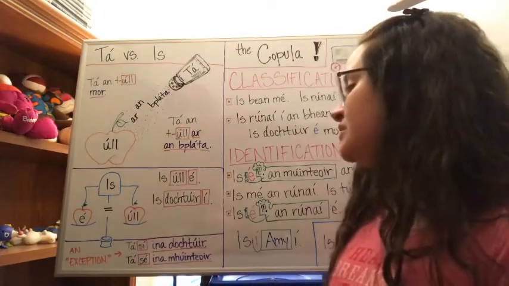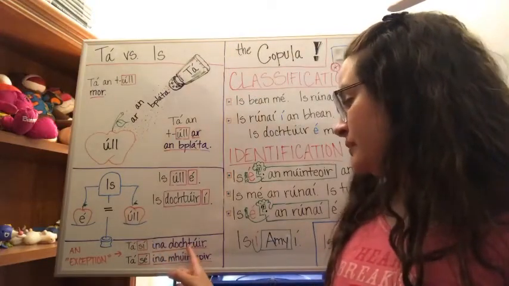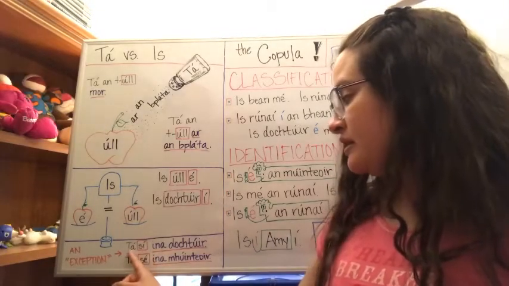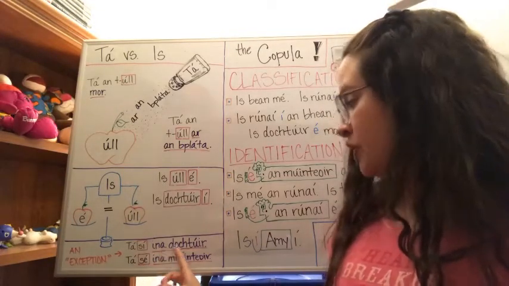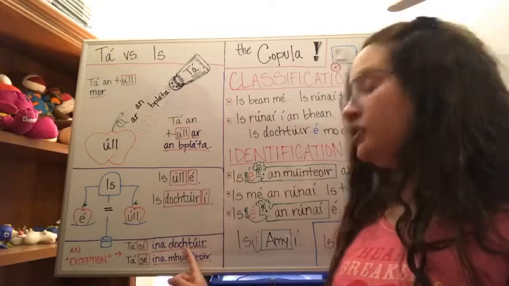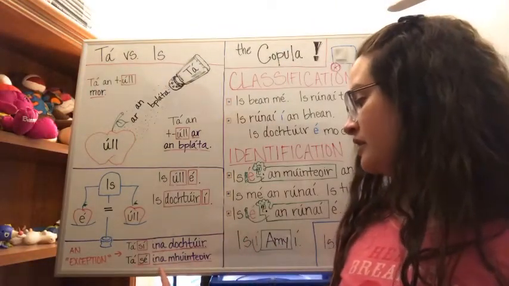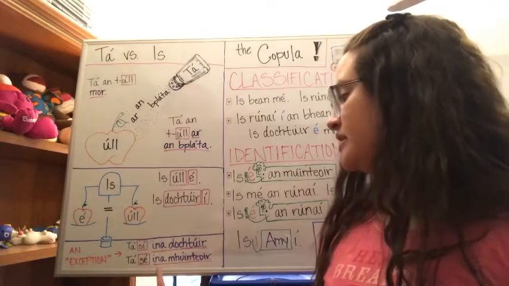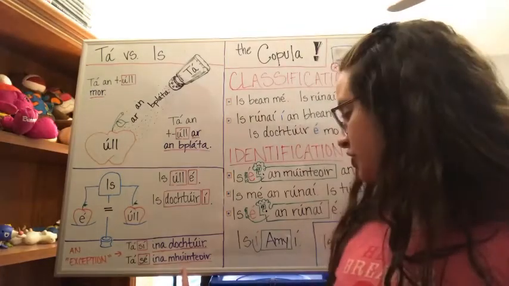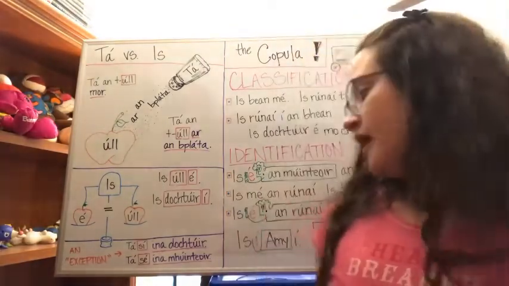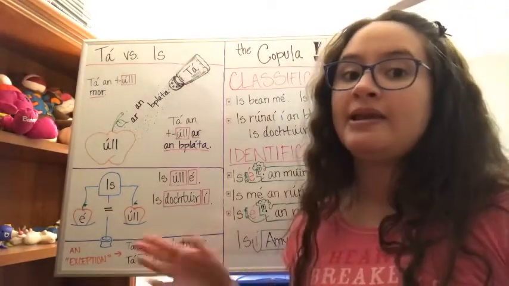So tá sí ina dochtúir is literally saying she is in her doctor. She is in her doctorhood, her doctorness, whatever. Tá sé ina mhúinteoir. He is in his teacherness, his state of being a teacher. Like maybe she just graduated and became a doctor.